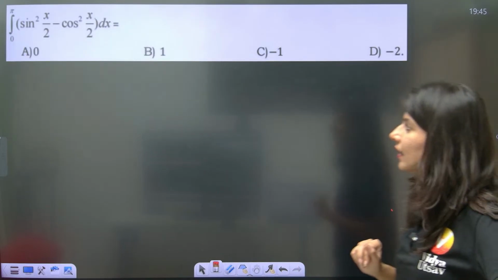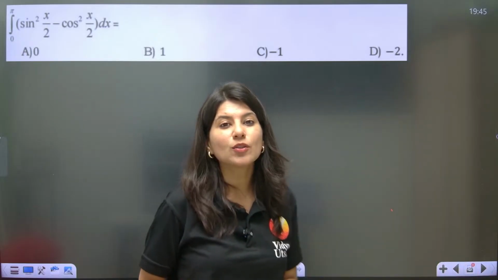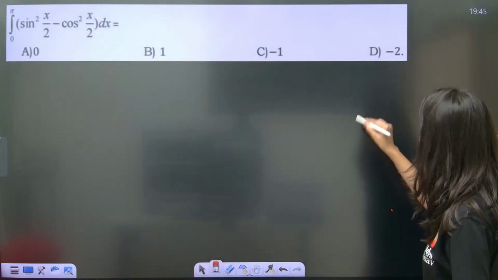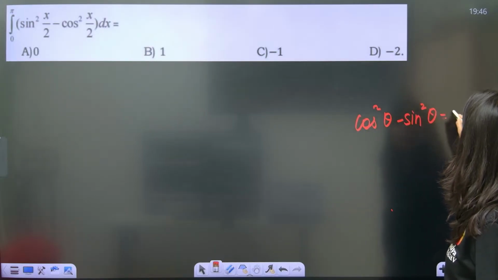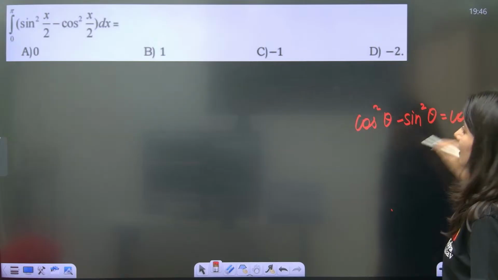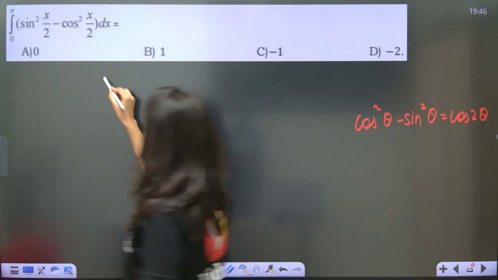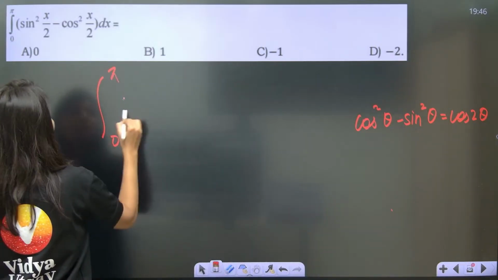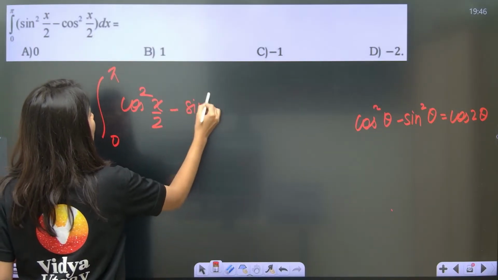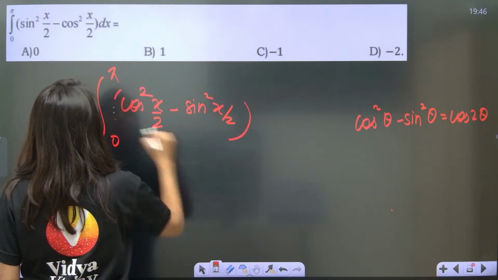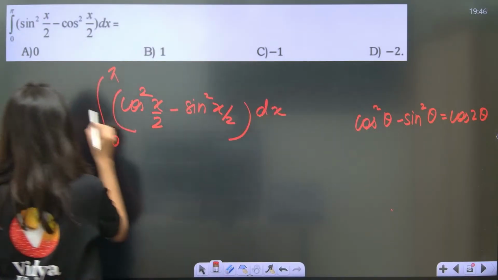Next. Integration of sine square x by 2 minus cos square x by 2. Remember, cos square theta minus sine square theta, do you know the formula? Cos 2 theta. So if I take the minus sign common, this will become cos square x by 2 minus sine square x by 2.